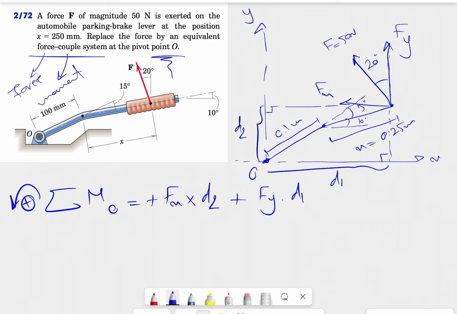So now that we have almost everything, we just have to find each component and that will give us the moment.